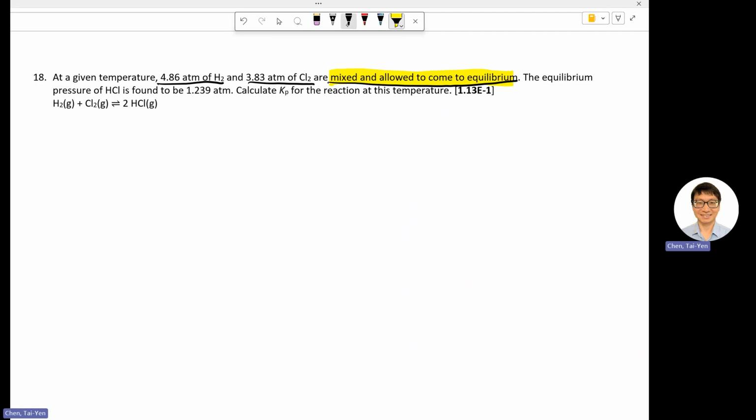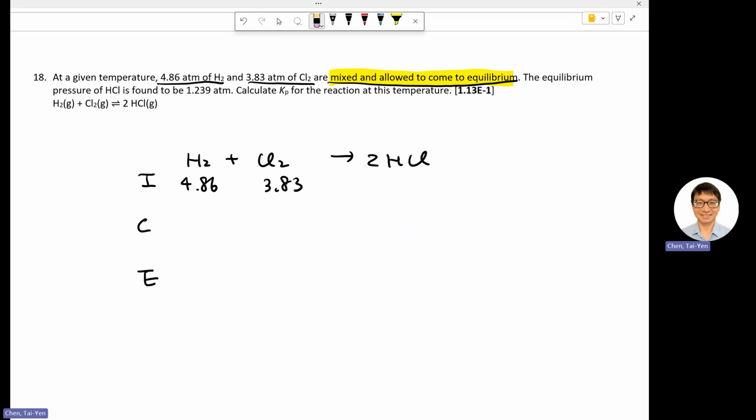So let me write down the equation first. It is H2 plus Cl2 giving you 2HCl. So ICE: in the beginning, I have 4.86 and 3.83. And then it says the equilibrium pressure of HCl is 1.239. Where should I put that 1.239?